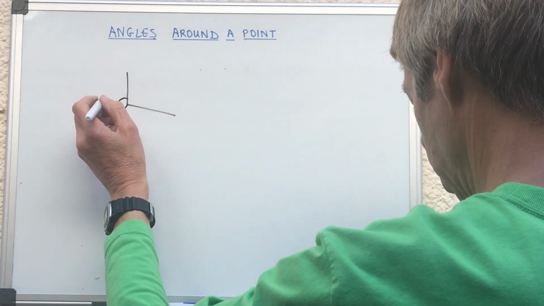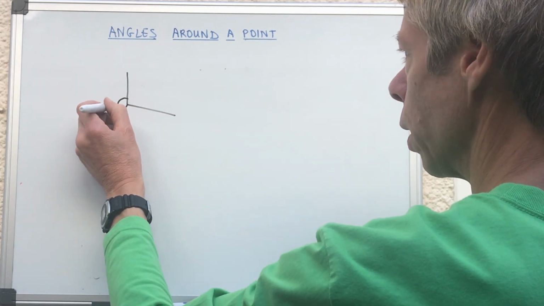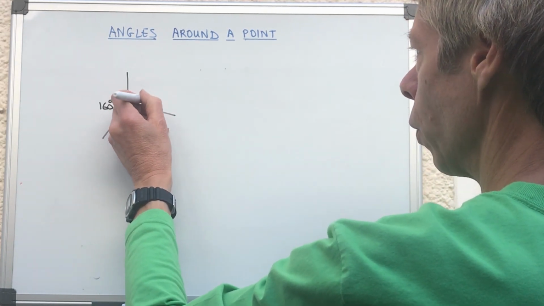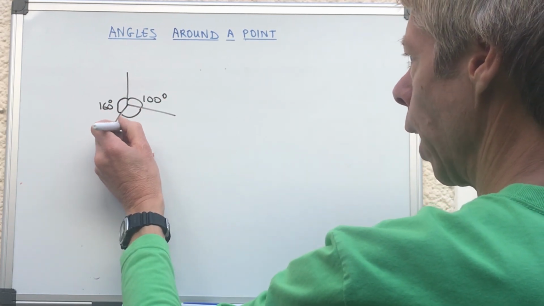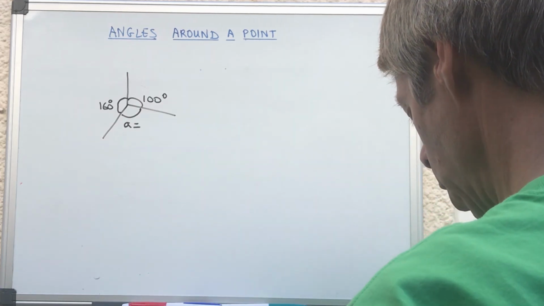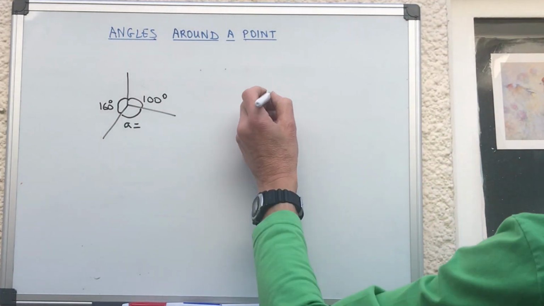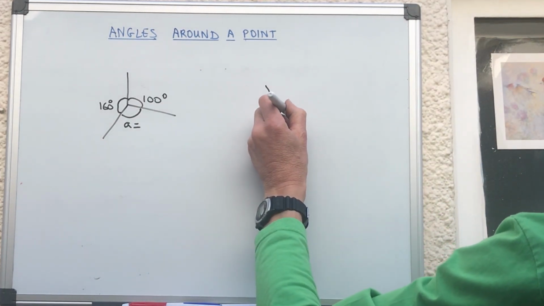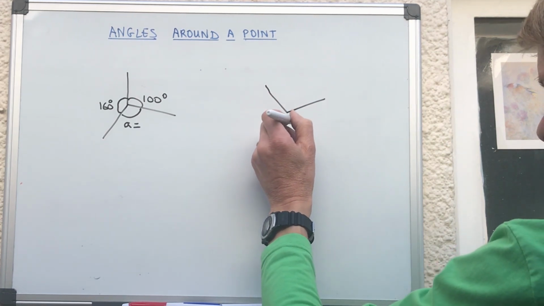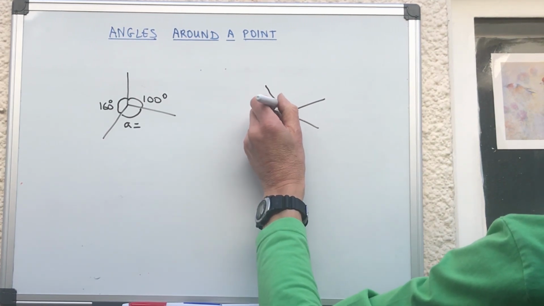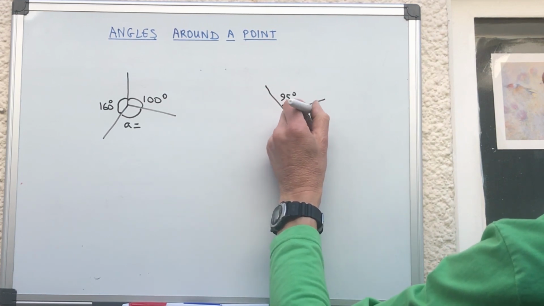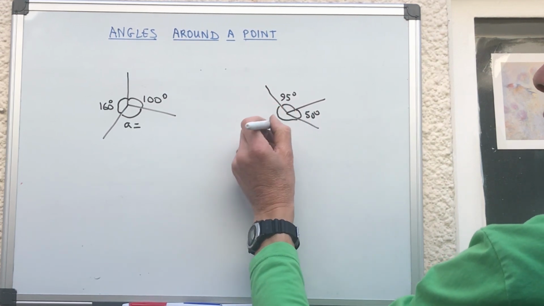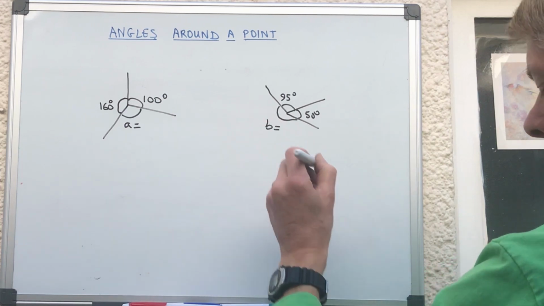So question 1, we have 160 degrees here, we have 100 degrees here. So this we'll call it A. What does A equal? So next question, we have 95 degrees here, 95 degrees here, we have 50 degrees here. This time we're going to call it B. So what does B equal?